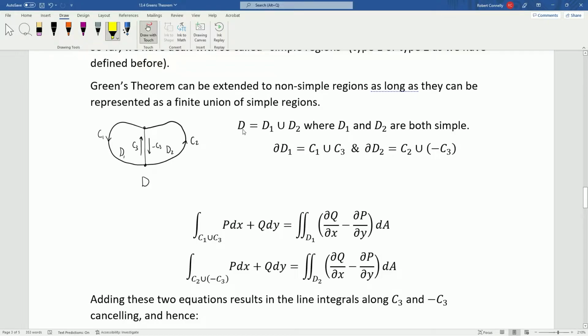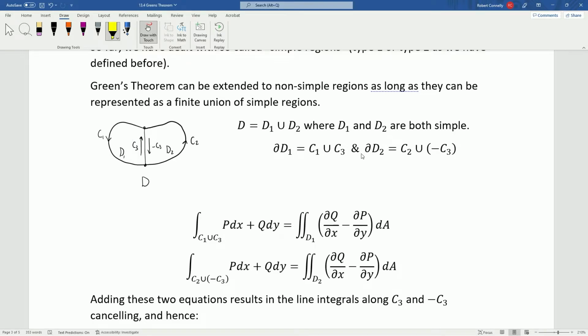So consider D, the region that's the union of D1 and D2. So this whole thing is D, and D1 is this half, and D2 is this half. Then the boundary of D1 is equal to this C1 plus C3. So the curve that goes from here along the outside plus the curve along C3.